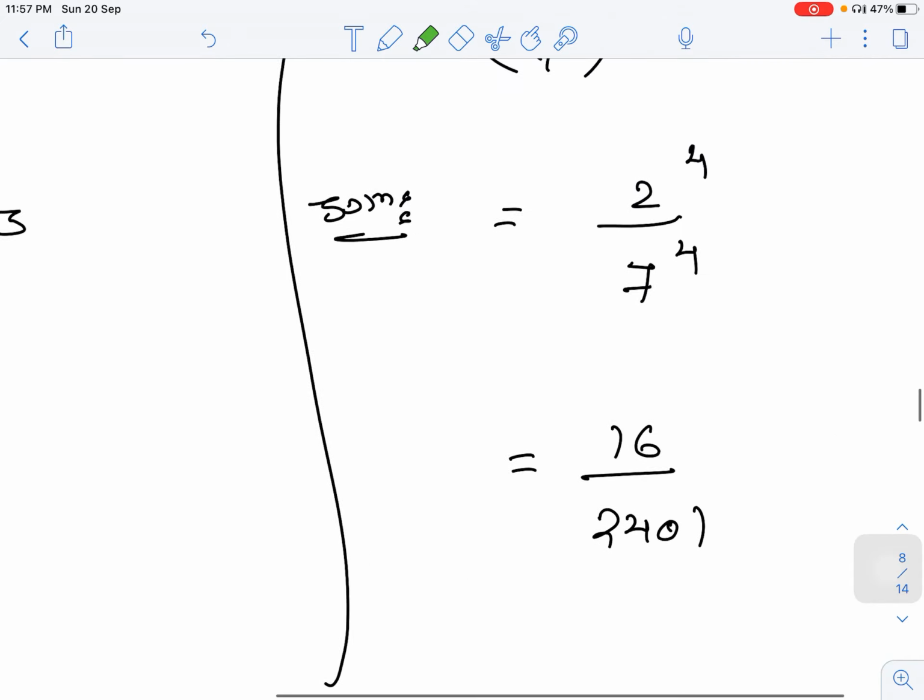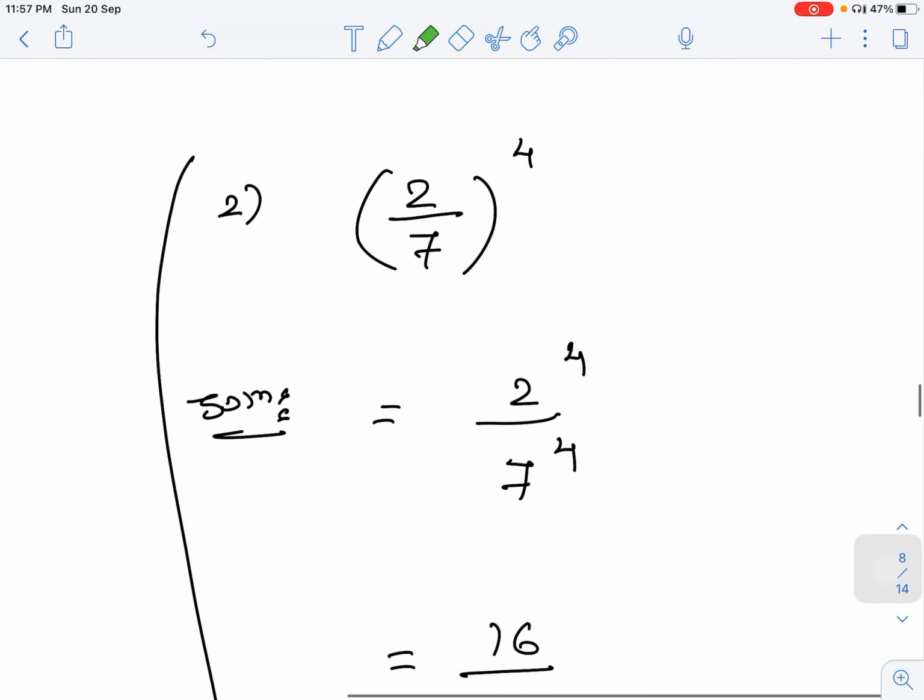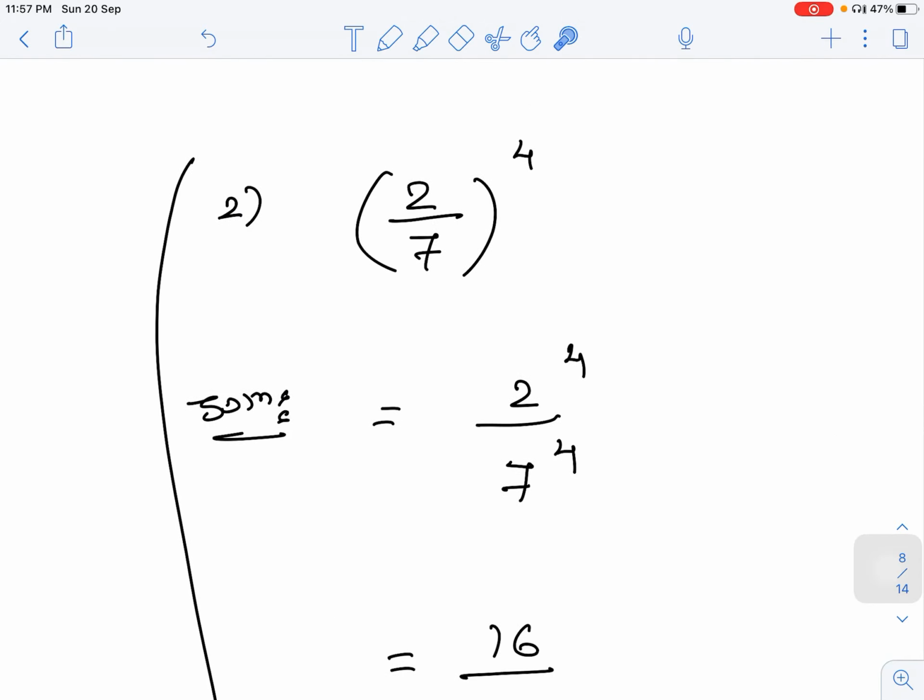Now let us look at the next example, one more example based on the same topic. Here we have (2/7) raised to 4. Here the power is already positive, so there is no need to take any reciprocal. We will directly give this power to both numerator as well as denominator.